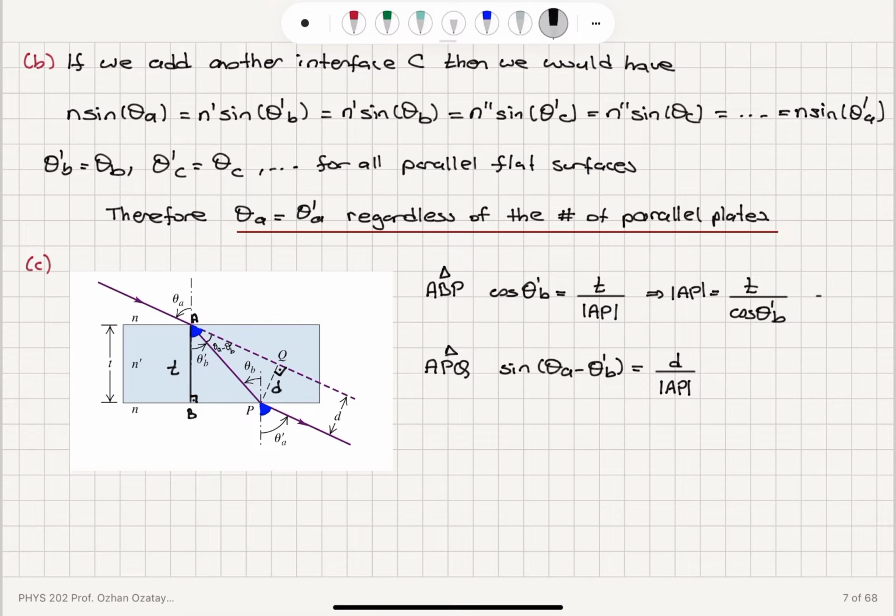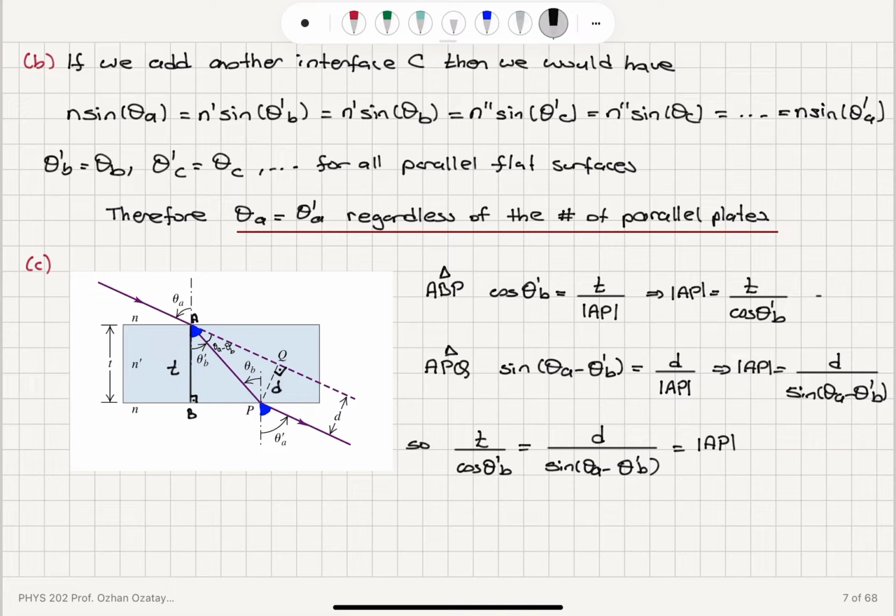So this gives me for AP, D divided by sine theta A minus theta prime B. By equating these two, the thickness T divided by cosine theta prime B, the length of AP, is equal to the offset distance D divided by sine of theta A minus theta prime B. They're both equal to the length AP.